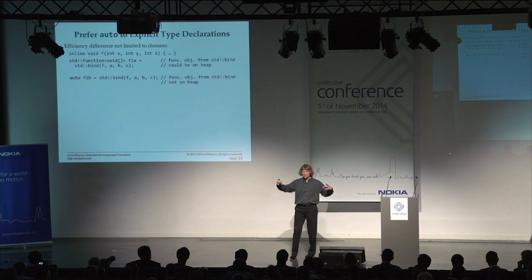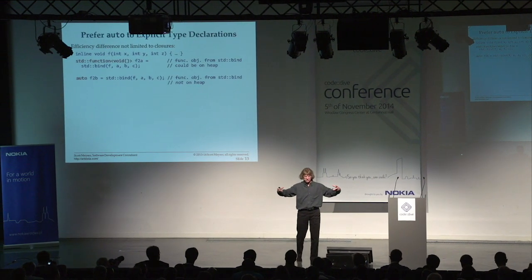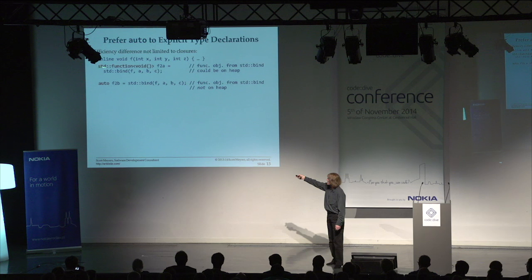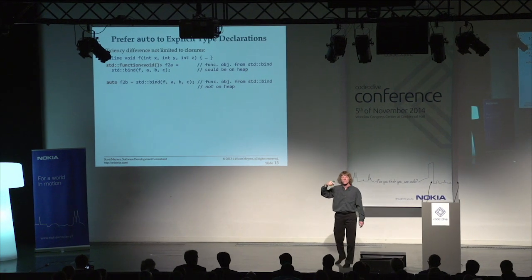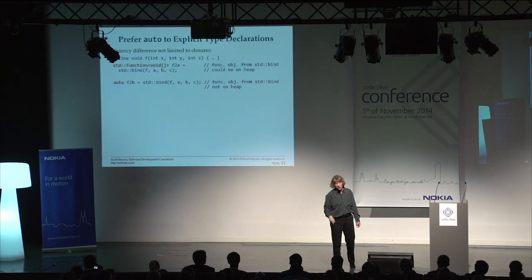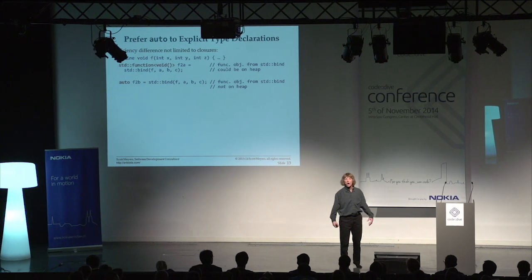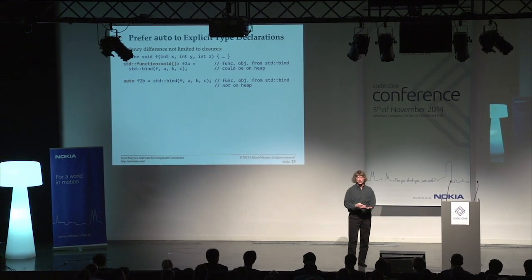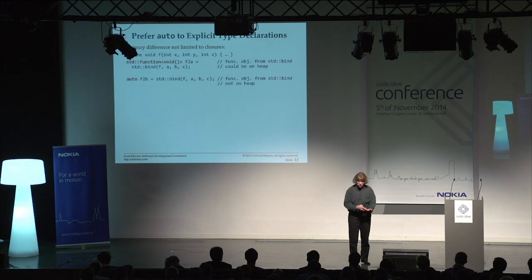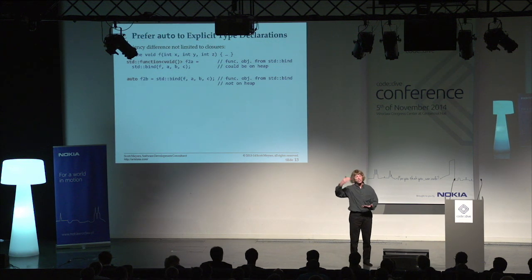In general, if you want to have a container of functions, all of which have a compatible type, that would be a motivation for using a standard function object. That is one of the things that standard function objects do well that auto does not do. So I'm not arguing that standard function should never be used. What I am arguing is if you have a choice between using standard function or using auto, both of them would be acceptable, then I would argue you should use auto.